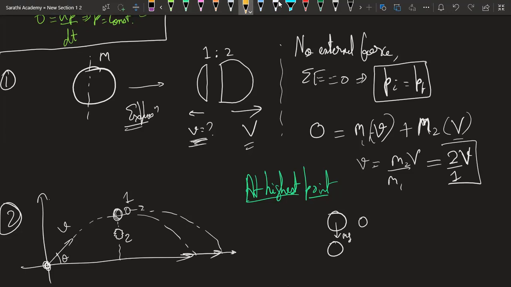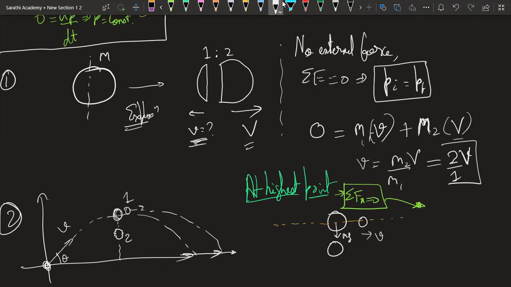So in the vertical direction, we cannot conserve momentum because there is an external force. But in the horizontal direction, we can certainly conserve momentum because there is no external force in the horizontal direction at the highest point. So sum of Fx equals 0. Now because this is 0, we can quite easily solve this.